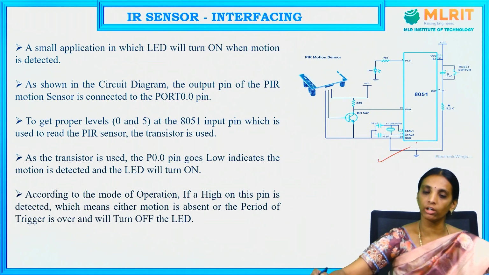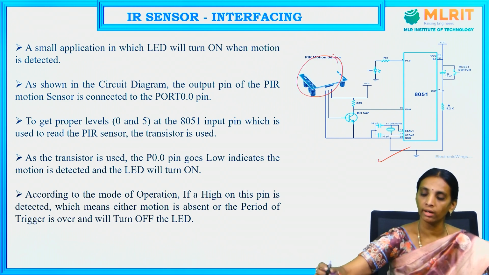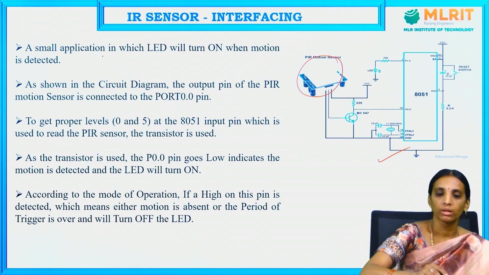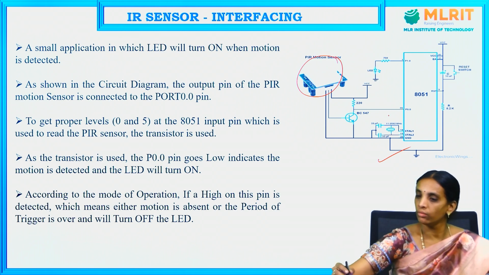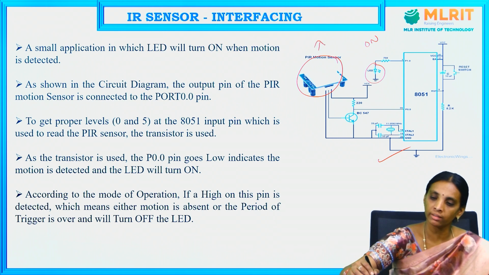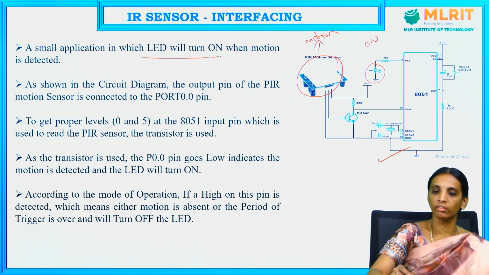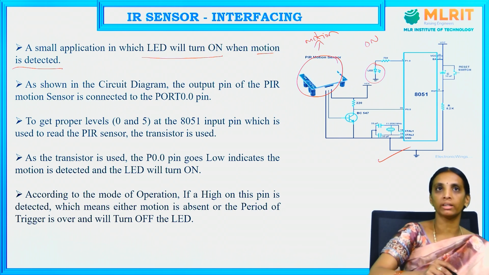Here is the circuit used for interfacing the PIR sensor to our processor. This is the PIR sensor and we have the LED. The LED should be on whenever the PIR sensor detects motion.